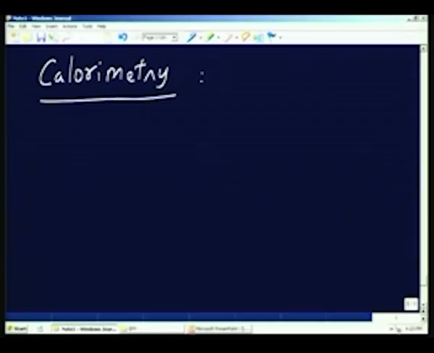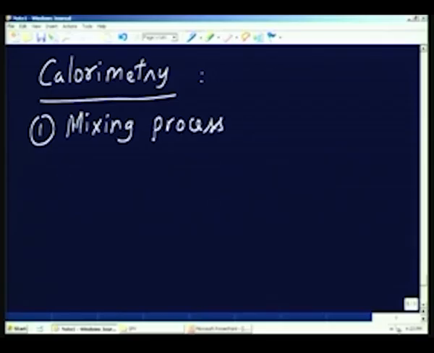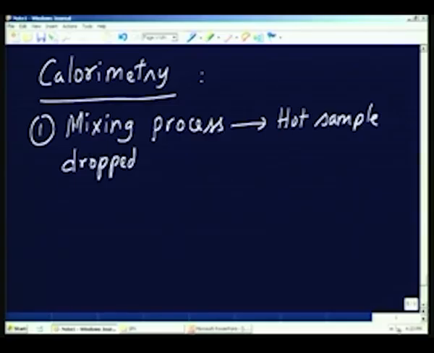There are two parts to the experiment. One is the mixing process. I am talking about mixing in a thermal sense. So, a hot mass, a hot sample, is dropped into the calorimeter.